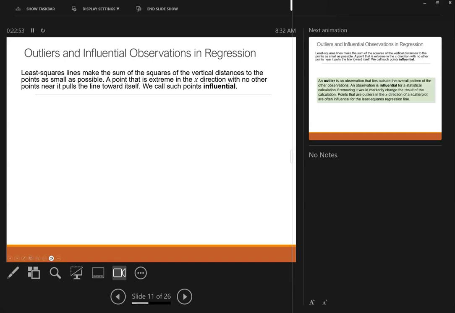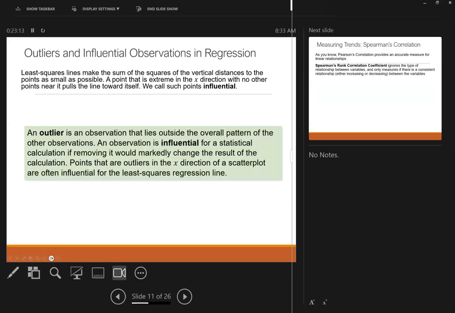Especially if the outlier is in only one direction. If I have something that's extremely far left or right, that's going to have a lot of pull on our R value. We call those guys influential.